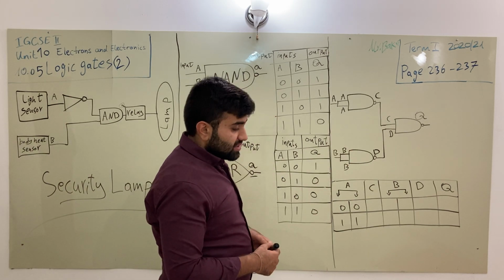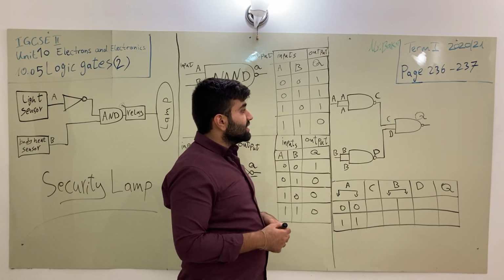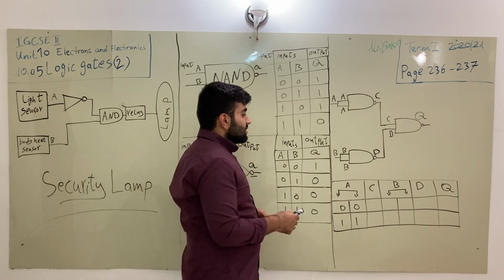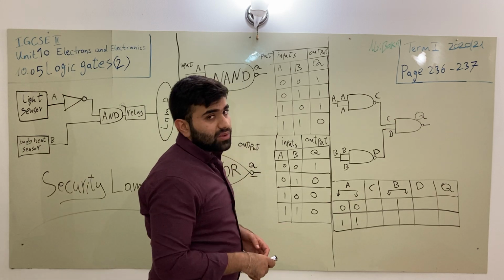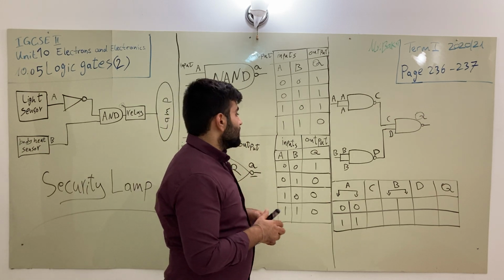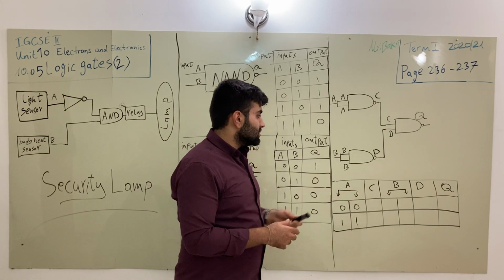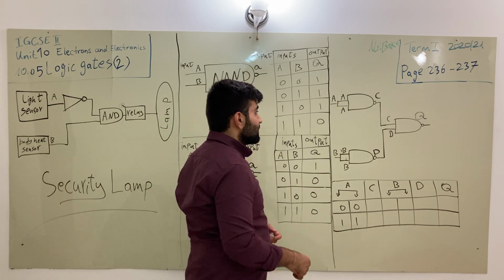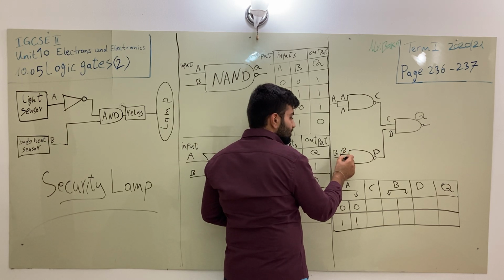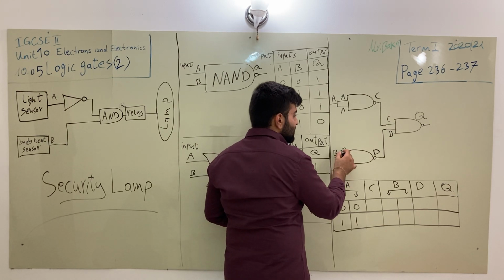Now we have this circuit for a combined 3-gate AND. But here we have something: both of the inputs are connected to each other. That means if this is 1, both of them will be 1. Okay? And if this is 0, both of them will be 0. The same here.